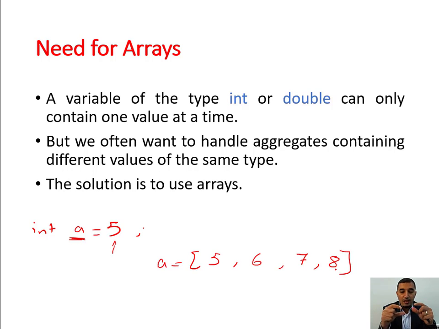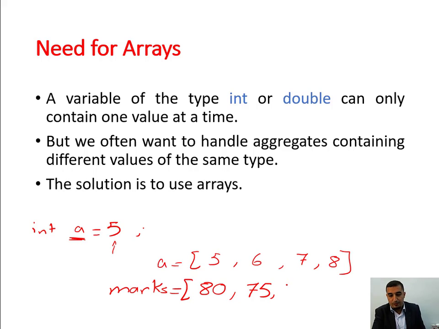All of them represent the same topic. Let's say if a was the marks of a student, then the marks will be, let's say, 80, 75, 90, 94, and so on. So the marks are all belonging to one student. So it's easier to combine data in an array.